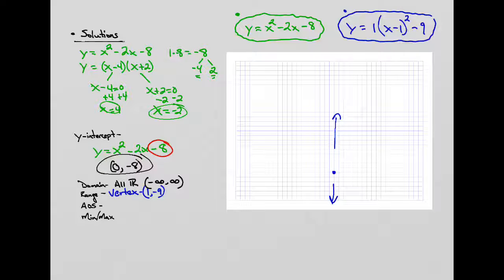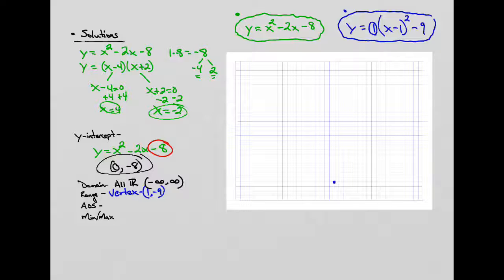And I need to be able to identify where I'm going in my graph. So what I am going to look for is the value that I have for my a. This a value is positive, so when I'm at 1 over 9 down, I'm going to start at that point, and I'm going to go up to infinity for forever because it is positive.